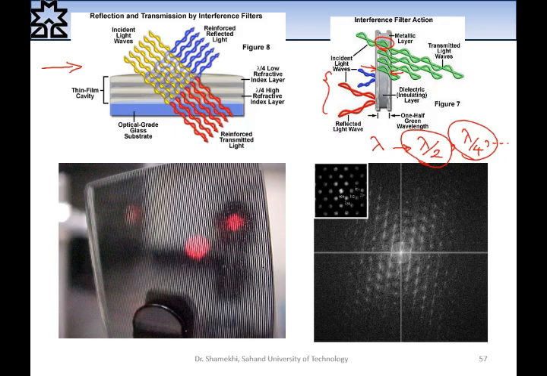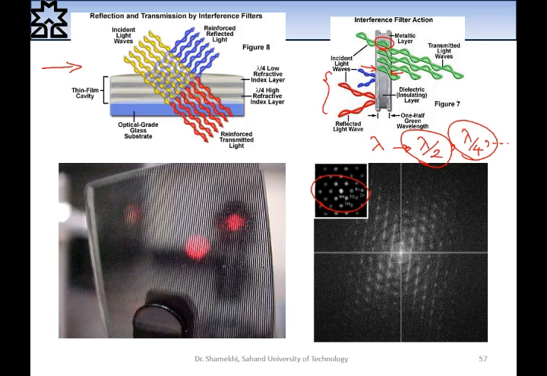The grating filters, as I told you before, we have some small holes, as you can see here, and it's related to the wavelength also. These exact holes only allow transmission of a specific wavelength of the incident ray.